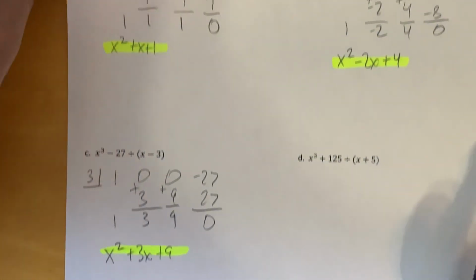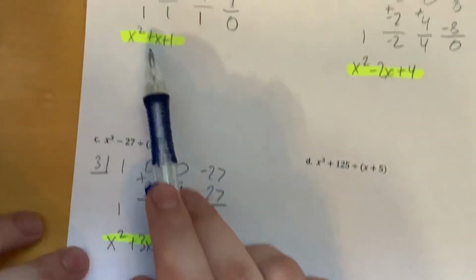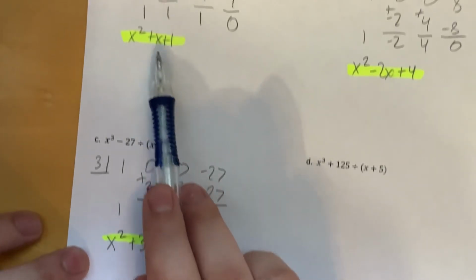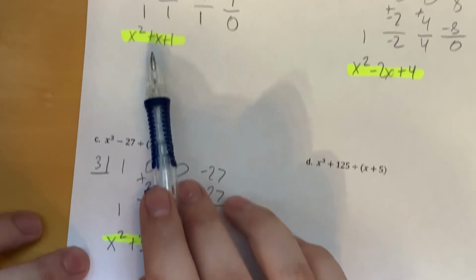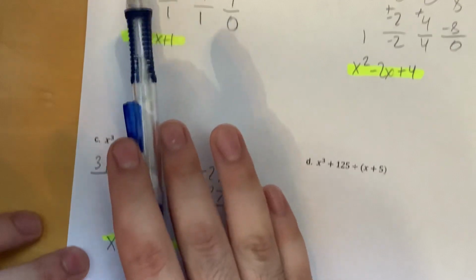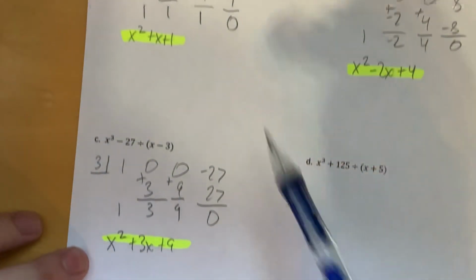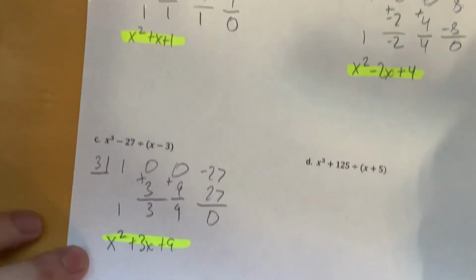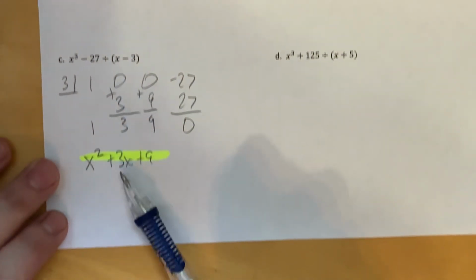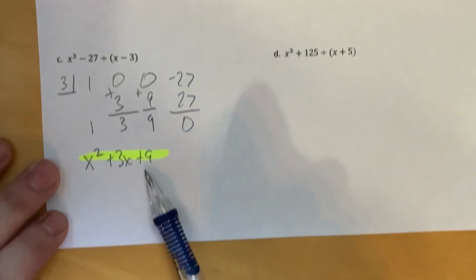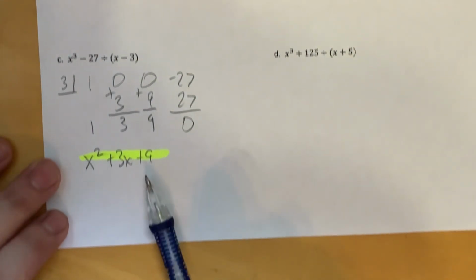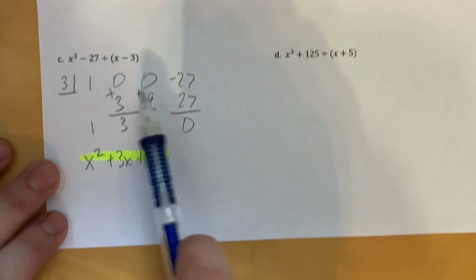The other thing that I notice is that the next two variables are going to have either a leading coefficient that is a factor of whatever the constant of the original polynomial is, and the constant is also going to be a factor of that original polynomial. So if we look here, it's 3 and 9. So 9 is sort of like the last factor.